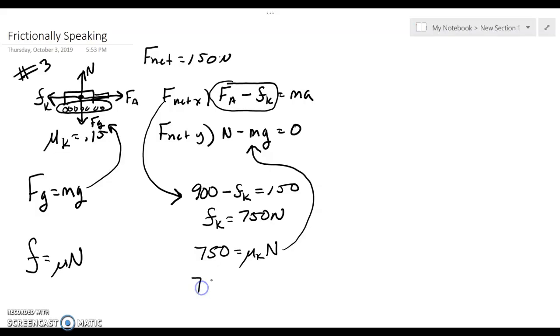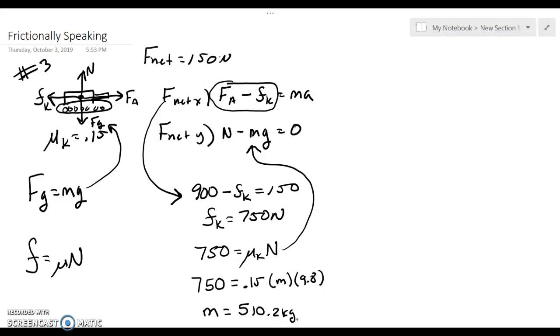So we get 750 equals 0.15 times m times 9.8. So the mass of our tank is then 750 divided by 0.15 times 9.8, and we get a mass of 510.2 kilograms. So there is our first solution.